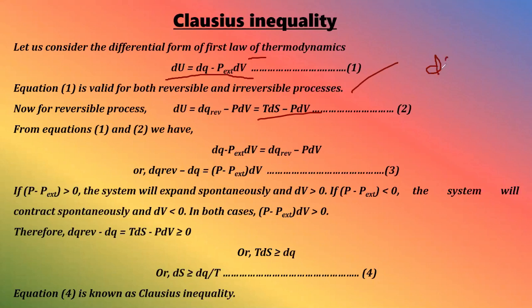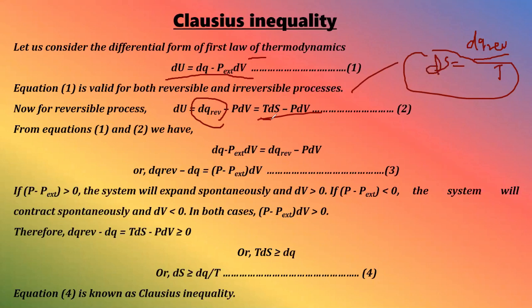dS is equal to dq reversible by T. So gradually we can write this particular thing, instead of dq reversible we can write dS into T, right? So that is what they have written, TdS.